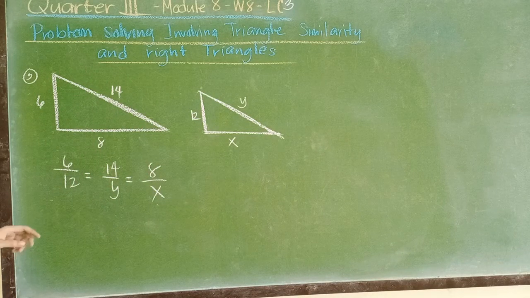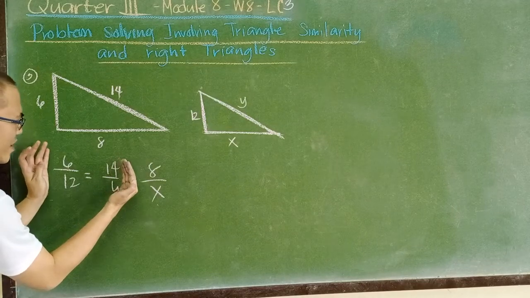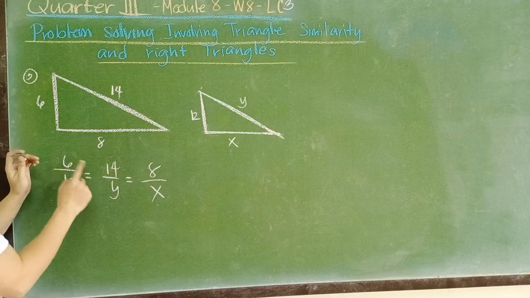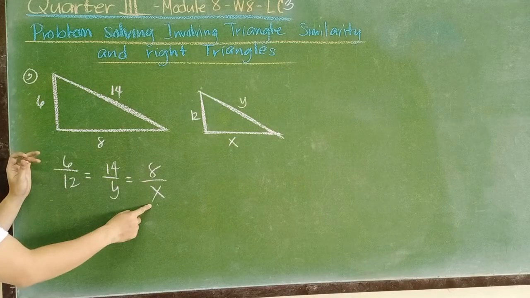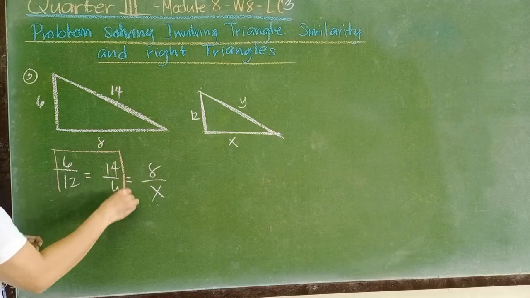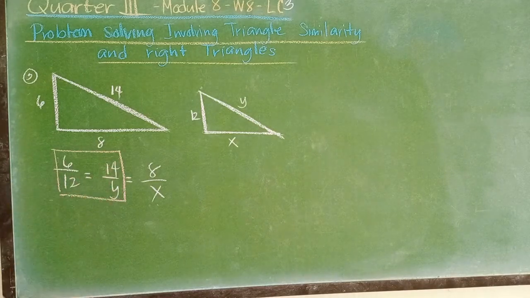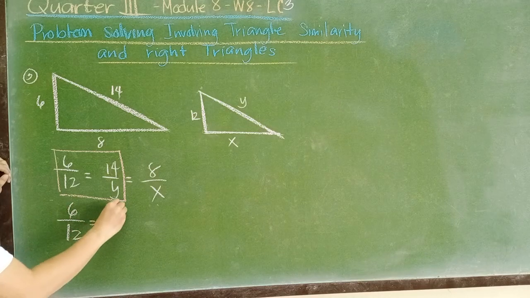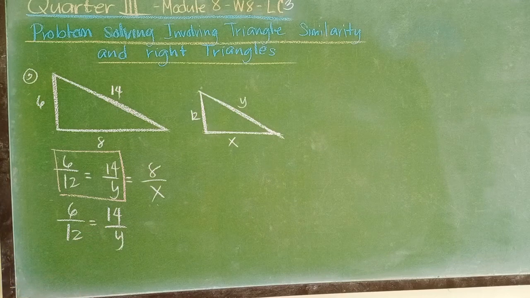Next, so mapapansin natin, meron pang dalawang unknown. So, syempre, tulad ng sabi ko before, 2 at a time lang yung pwede mong gamitin. So, since ito yung kompleto yung ratio, ito yung paparas natin sa 14 over y at 8 over x. So, yung unang paras na gagamitin ko will be this pair. So, we have 6 over 12 and then 14 over y. So, again, go cross multiply.